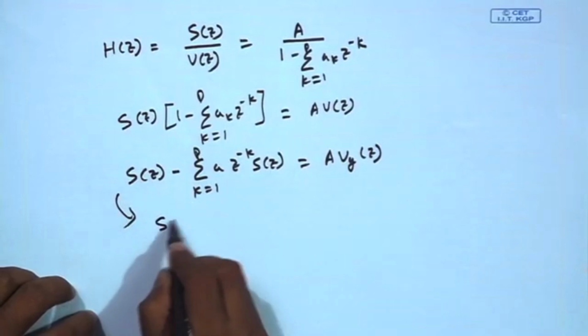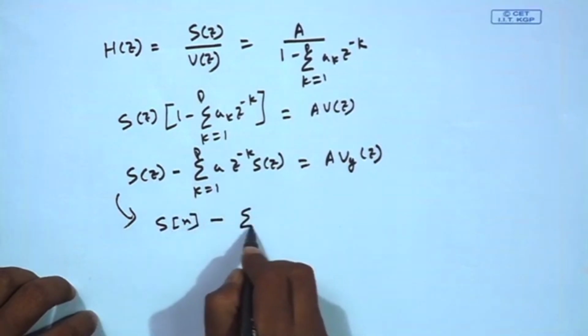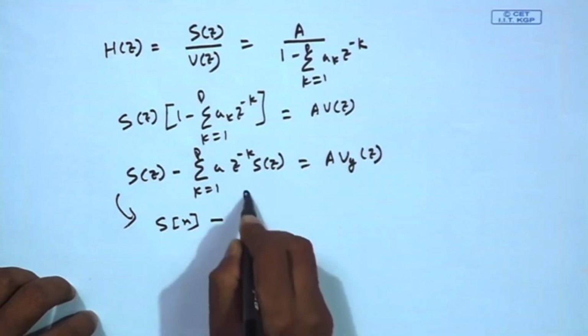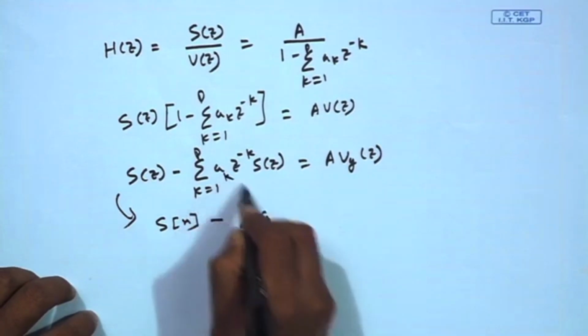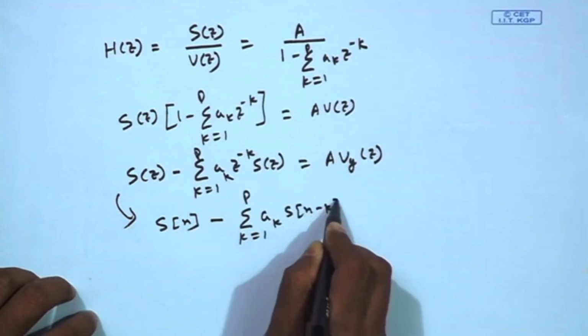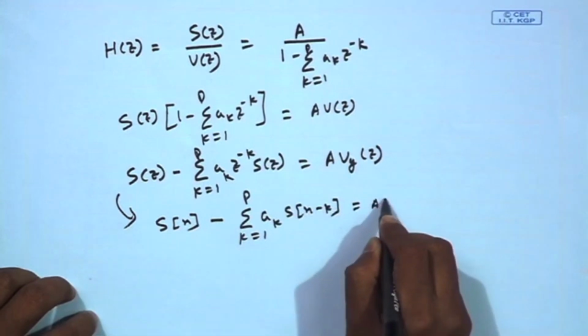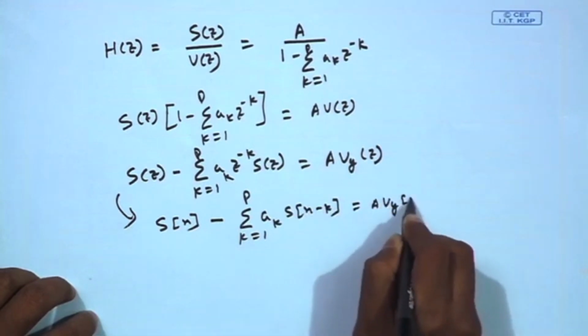So, the z domain is like that. In the time domain, s(n) minus the sum from k equal to 1 to p of a_k s(n minus k) is equal to A u_G(n).